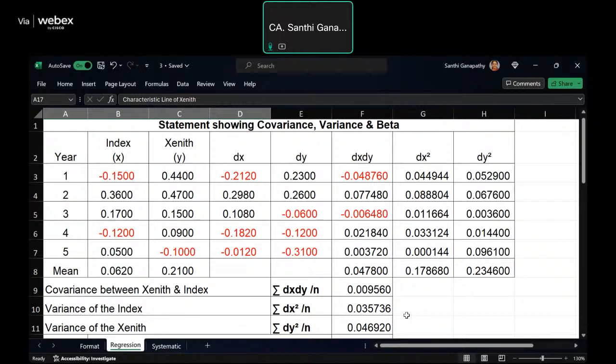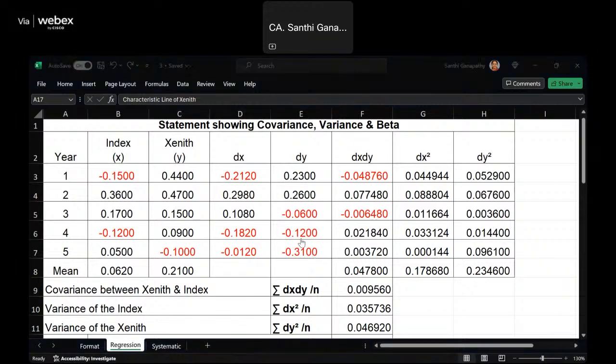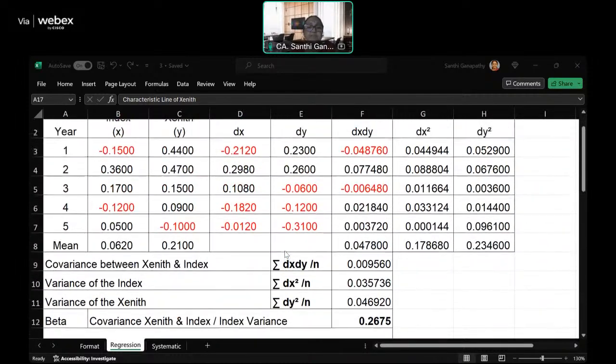Till this, are you through? So let's say you have found this. We have the covariance, we have the variance, so we can find beta.